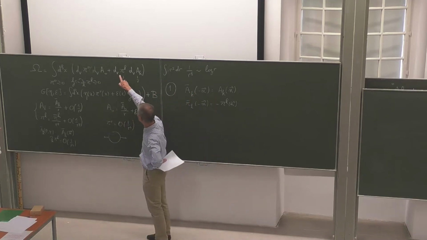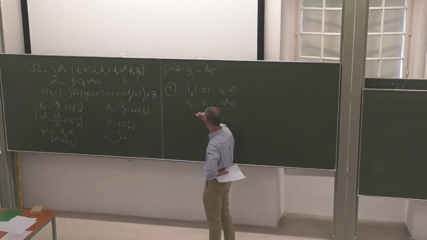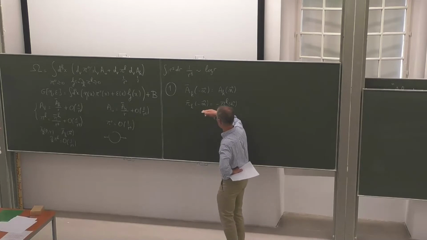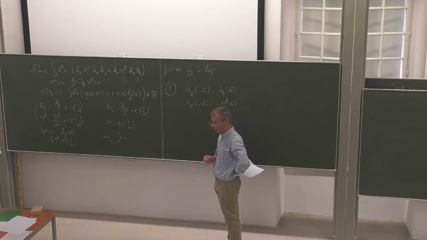Because precisely, in the Poisson bracket, I mean the symplectic structure, I will have the product of an odd function by an even function that I have to integrate. No, I mean in the fundamental Poisson brackets. What do you mean by the fundamental Poisson bracket? Like that A with pi gives a delta function.